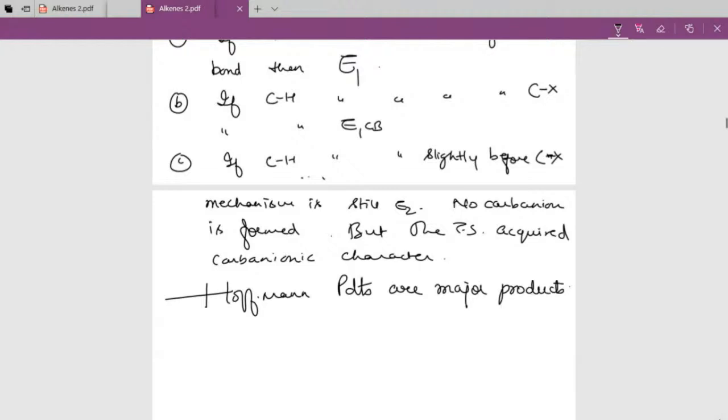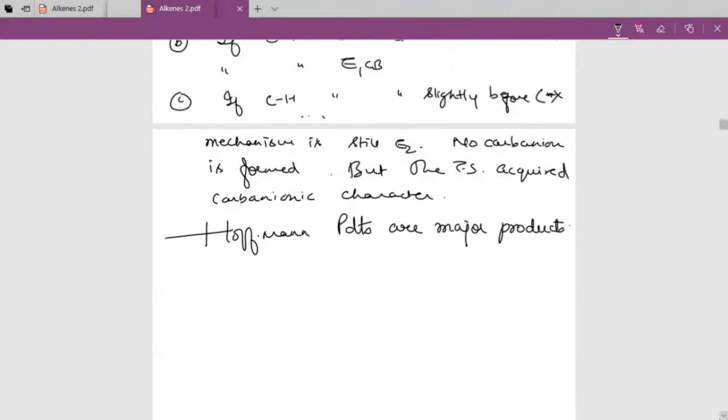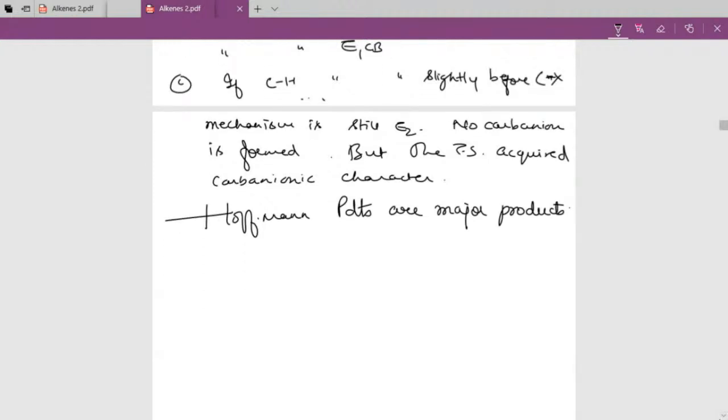Okay, whenever this happens, then the answer shifts towards Hofmann products. This particularly is the case when this X, or I can say the leaving group, is some positively charged species, say like SMe2+, or NR3+, or I can still say fluorine.